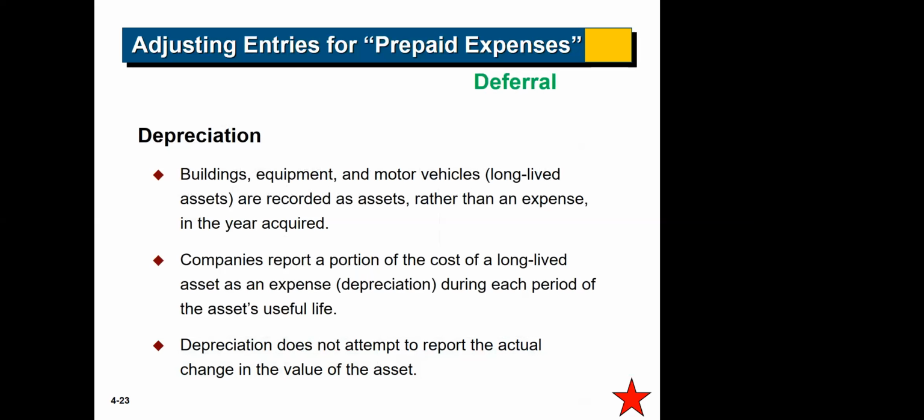So if you buy a car for $12,000 and it's going to last you for 12 years, you don't put all $12,000 into your first year of expense. You take that $12,000 and you divide it over 12 years. And every year you have a $1,000 expense associated with that asset.